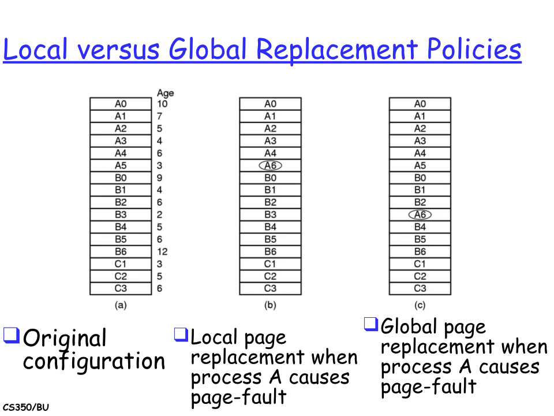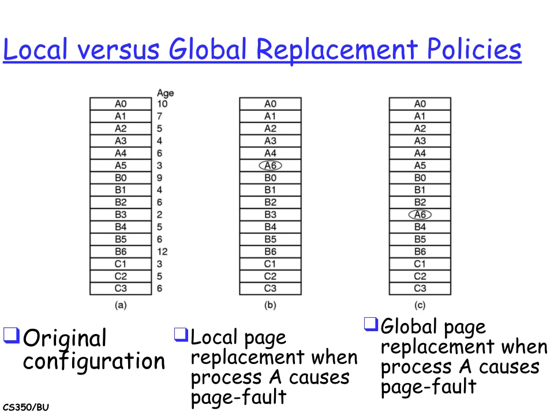So in figure B, we have a local page replacement strategy, and in figure C, we have a global page replacement strategy. By local page replacement, we mean that if process A has a page fault and a victim has to be selected, then one of the pages of process A would be selected as victim.